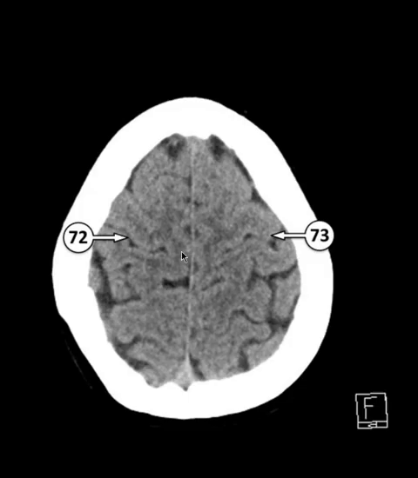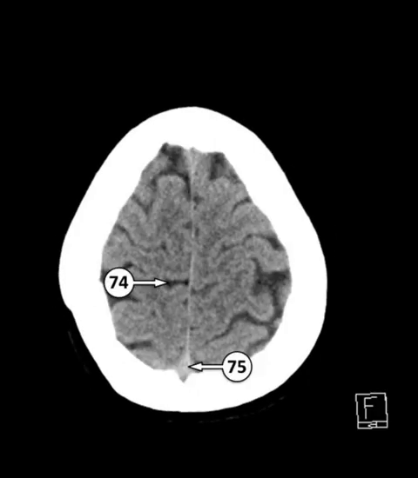The central sulcus of Rolando is the sulcus or the division between the frontal and the parietal lobes. And 73 here is what we call the hand bump of the precentral gyrus. The precentral gyrus is, of course, the primary motor cortex.